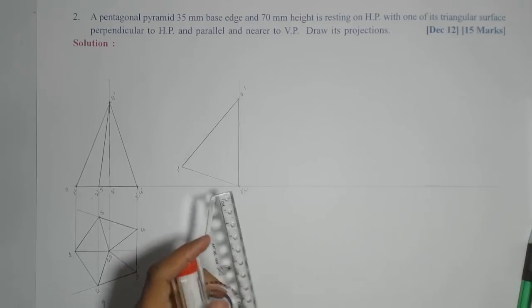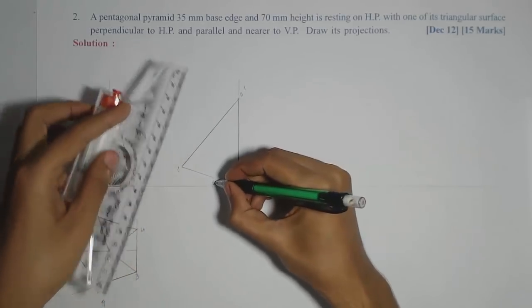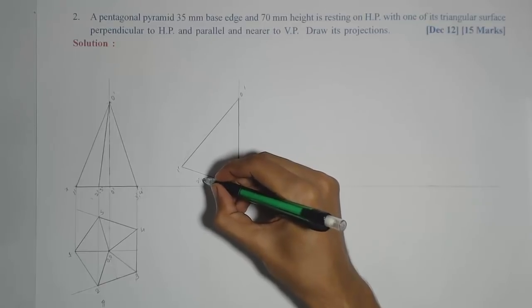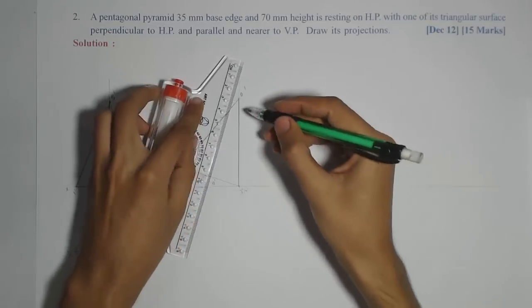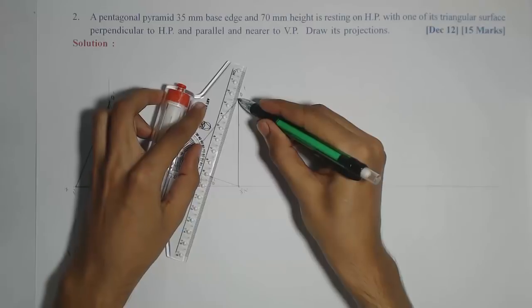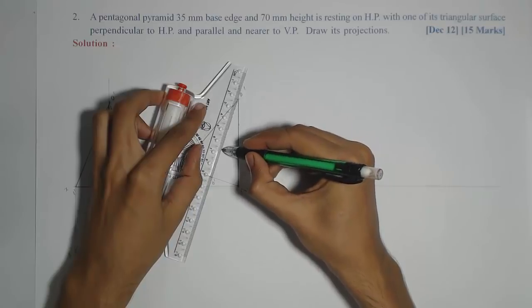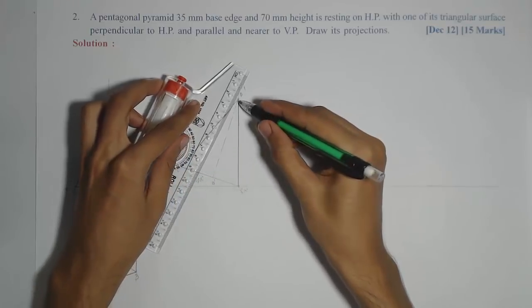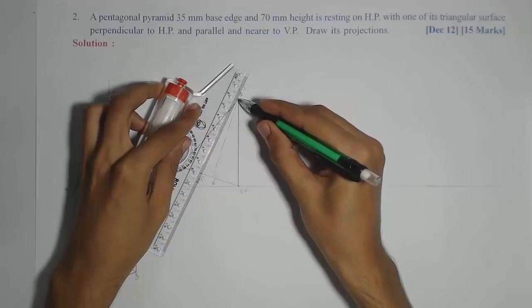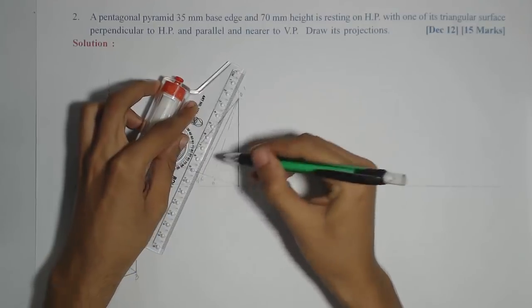I'll redraw with the same visibility. So this point is O dash, then 2 dash, 5 dash. So O dash to A dash, long dash, short dash, light line. And then 2 dash, 5 dash, O dash is a dark line.